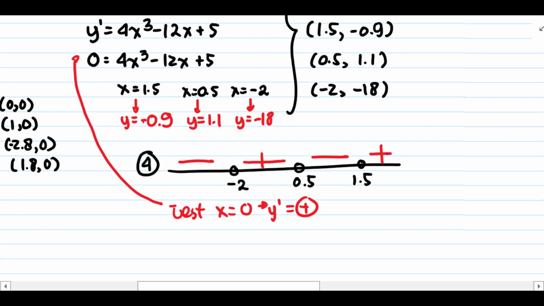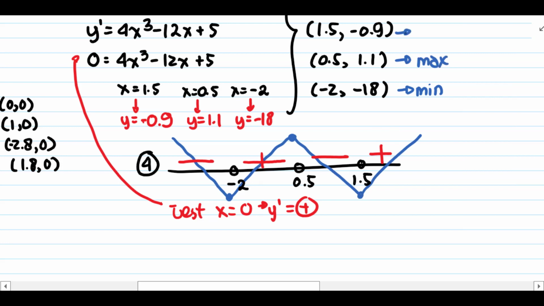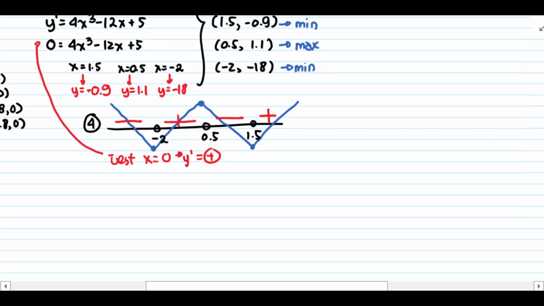This one also negative, and that one also positive. Remember, it alternates. Okay, so this is decreasing, increasing, decreasing, increasing. So negative 2 will be a minimum. 0.5 will be a maximum, and the other one is a minimum. And the last one is the inflection point.